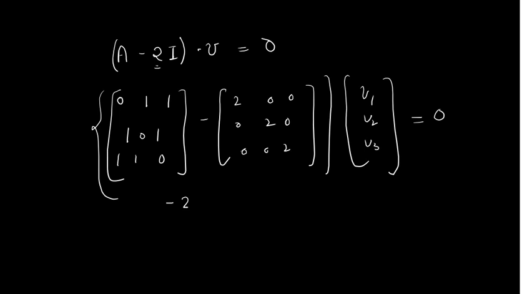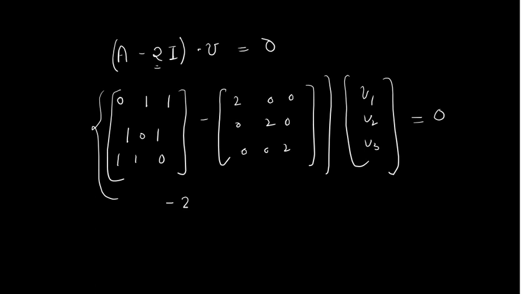I think I made a mistake earlier, but we have got v2 is equal to v3, so the other step was redundant. Replacing v2 with v3 in equation 1 yields -2v1 plus 2v2 is equal to 0.